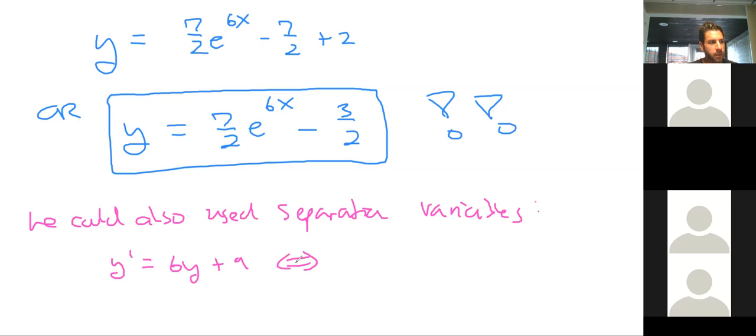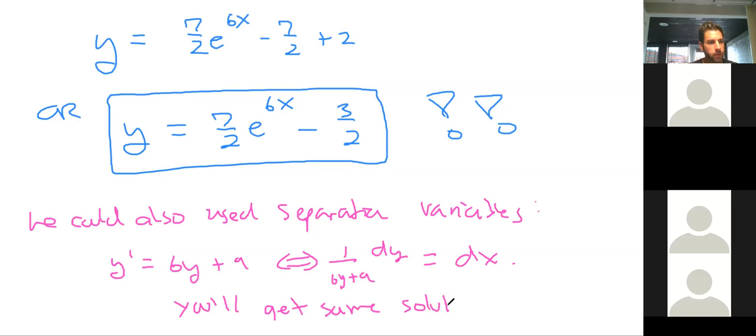So that's the same thing as saying dy over this equals dx. You'll get the same solution. And what that suggests is a very deep fact that is extremely useful in applications. And that is, for certain differential equations, solutions are unique.